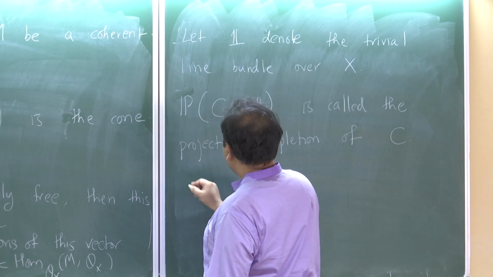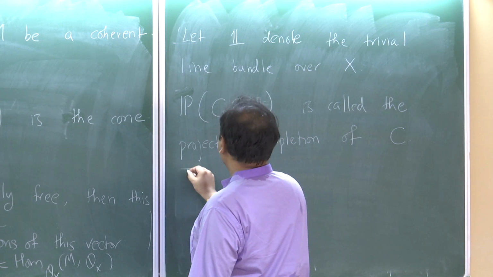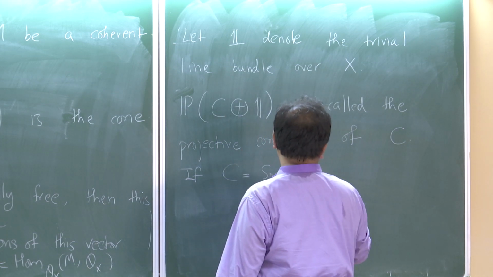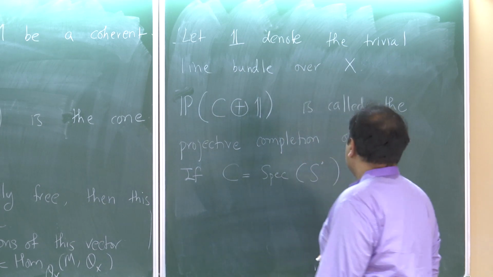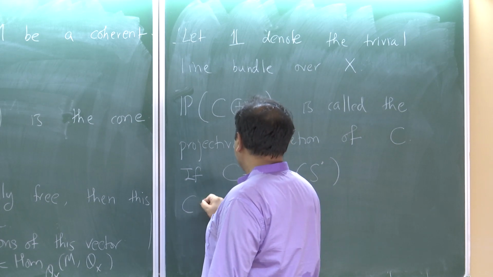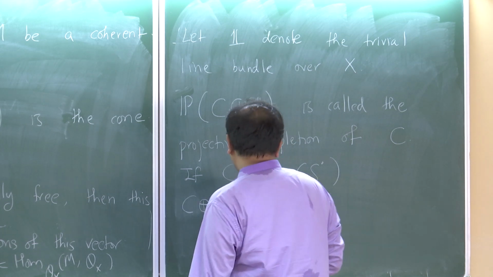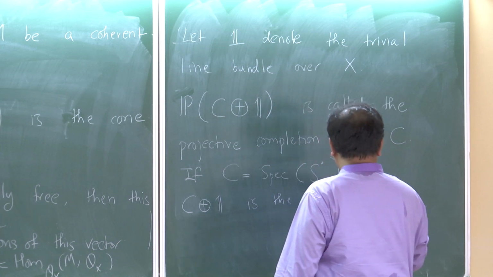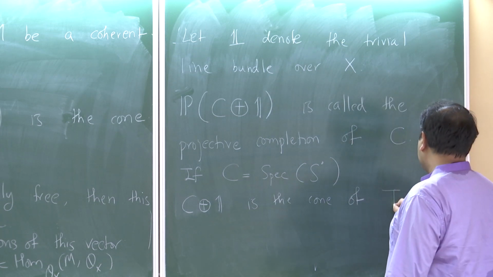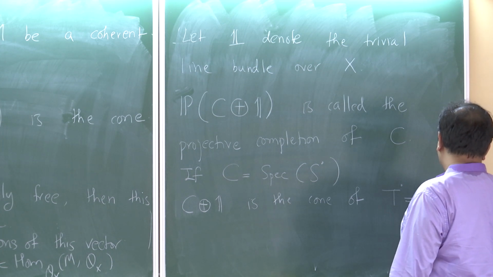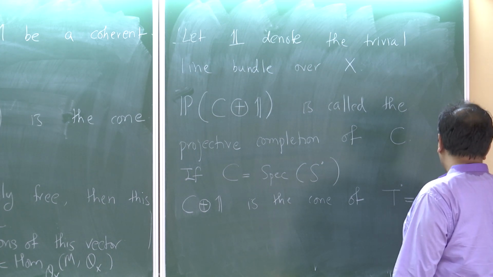Let us see what this looks like. If C equals Spec of S, then what am I looking at? C direct sum 1 is the cone of the graded algebra T, which is S, where I take the polynomial ring in one variable over this.